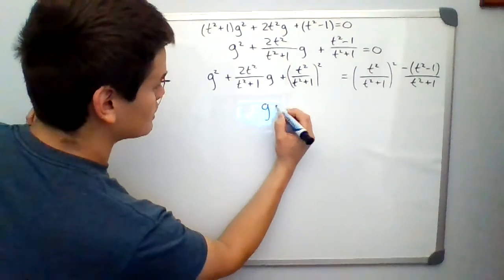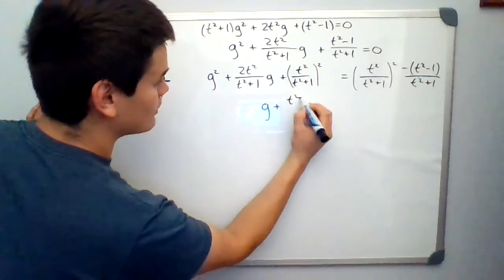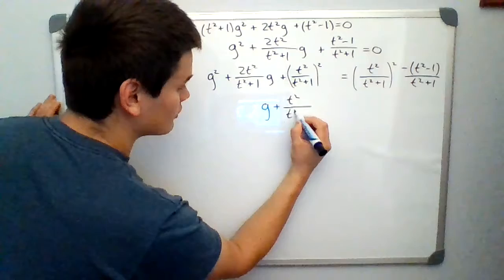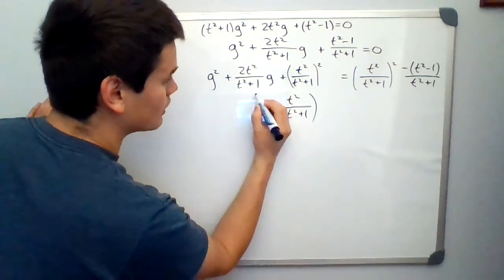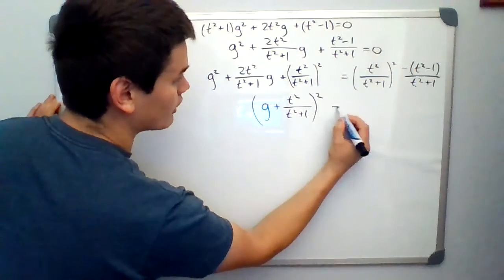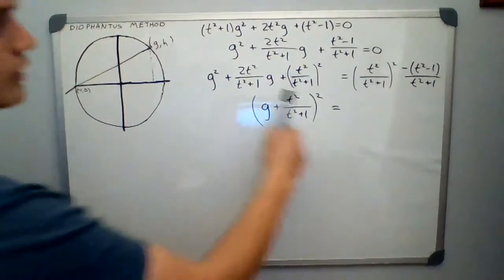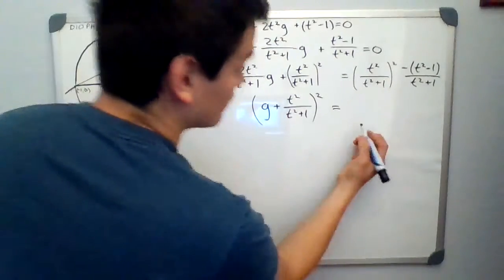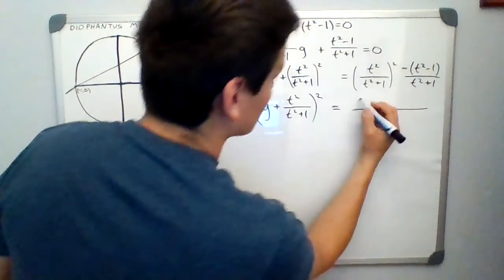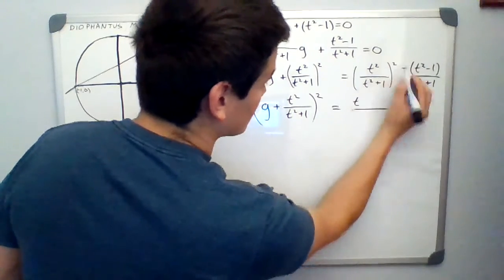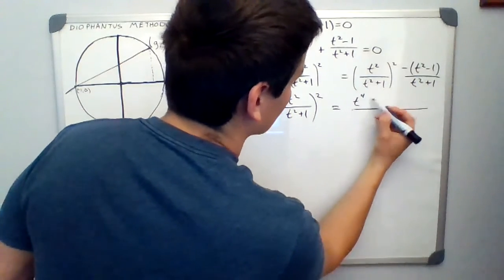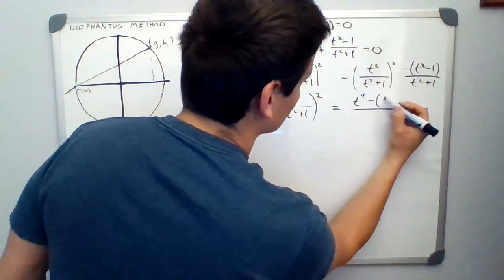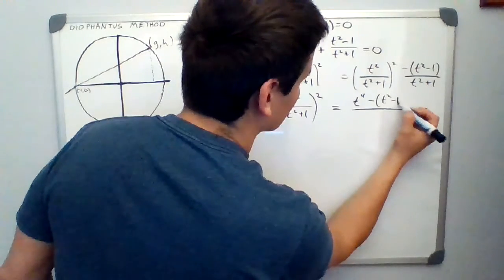Condense down into g plus t squared over (t squared plus 1) squared. And then here I can combine this. I know that's going to be t squared squared, which is t to the 4th power, minus t squared minus 1.